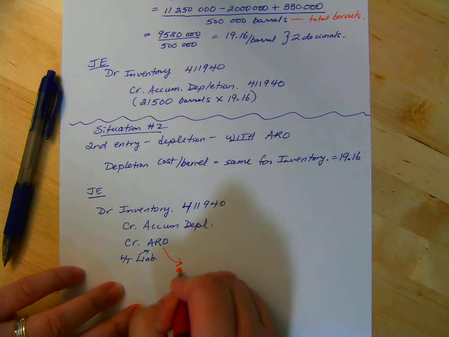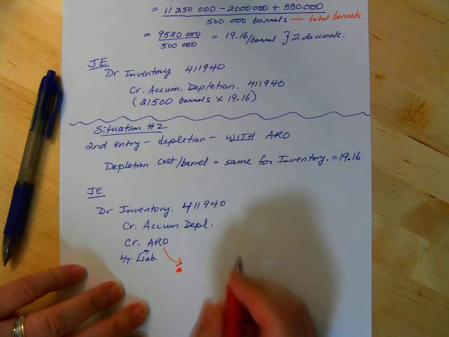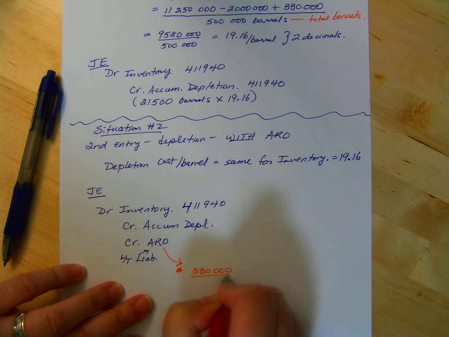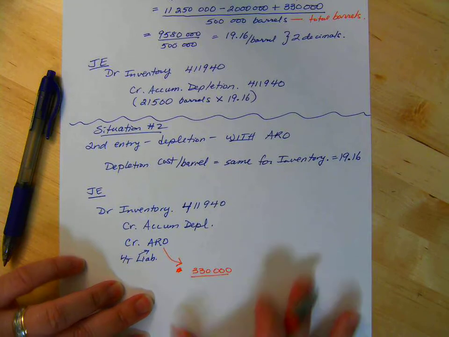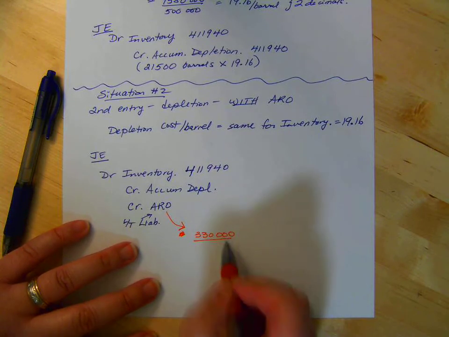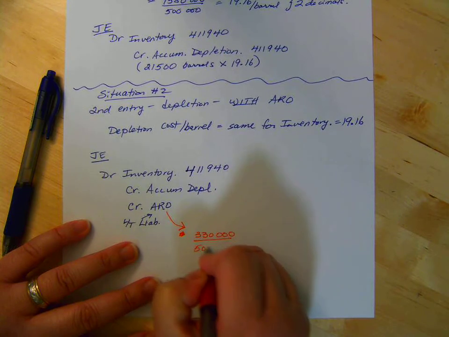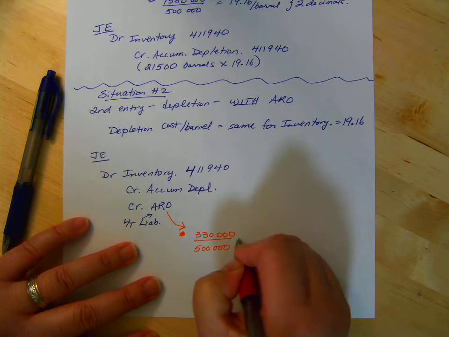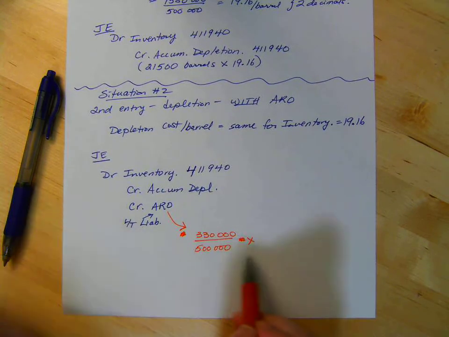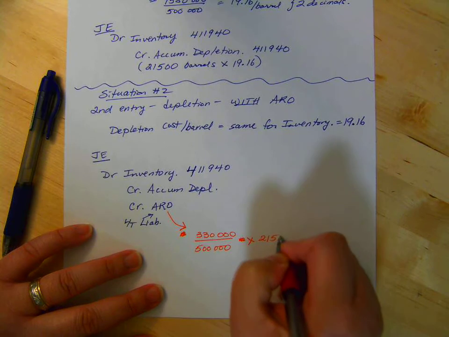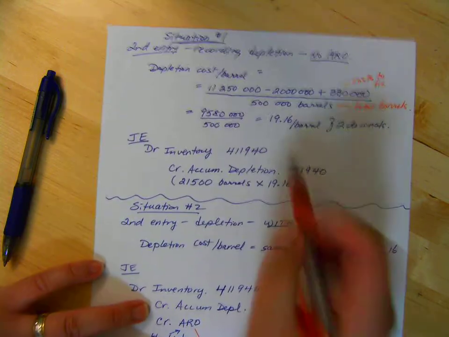So, ARO, we're going to isolate that 330 and do our own cost, our own units of production. So, that 330 is going to be split over 500,000 barrels. And you can do the calculation, or you can just multiply it by 21,500. See, here we did it in 2 pieces.